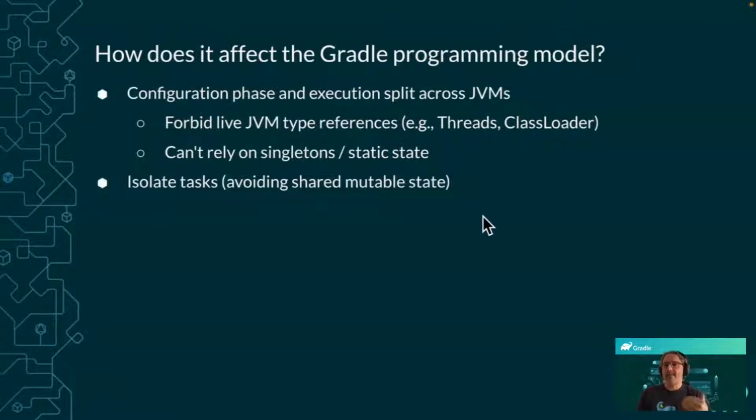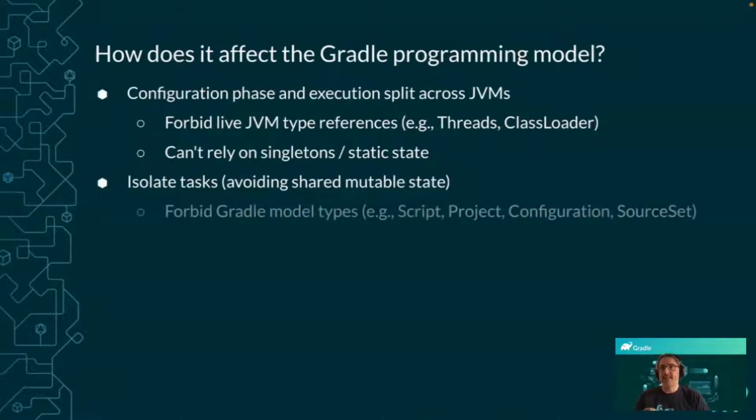So the second important constraint that the configuration cache brings to the Gradle programming model, to enable parallel by default execution of tasks, is that tasks are now isolated from each other. You need to be careful not to share state, and in fact, Gradle will do its best to forbid you from sharing any state between tasks.